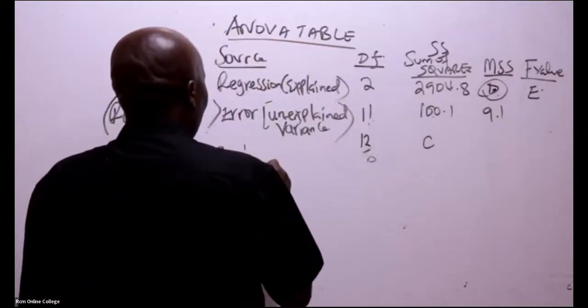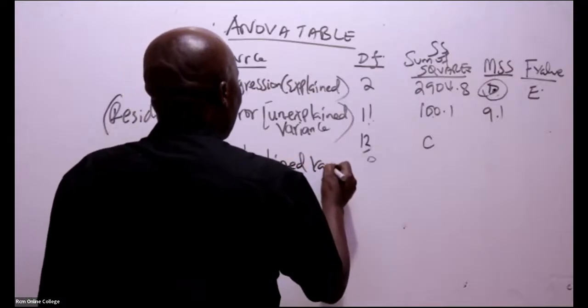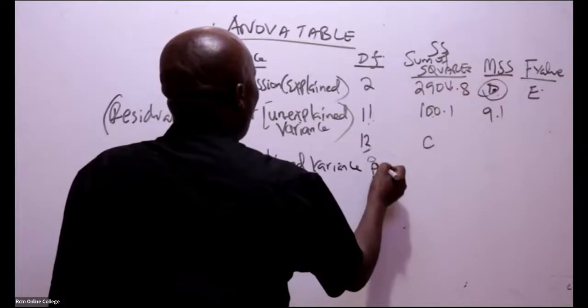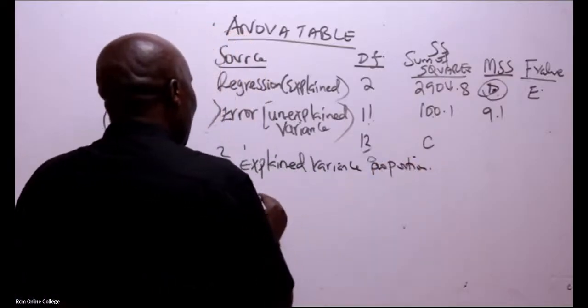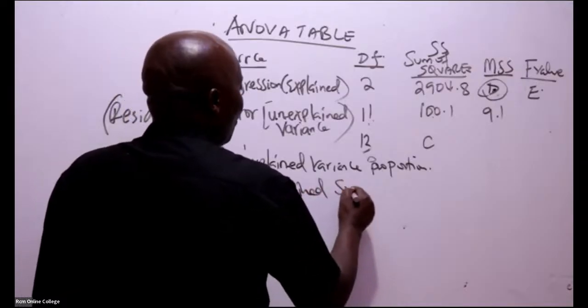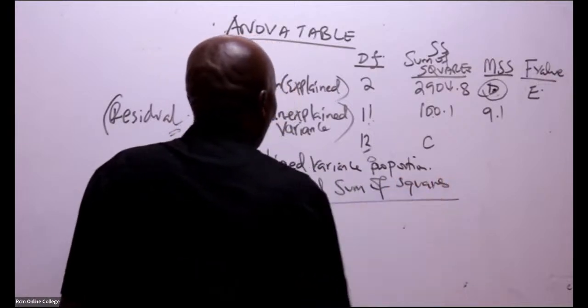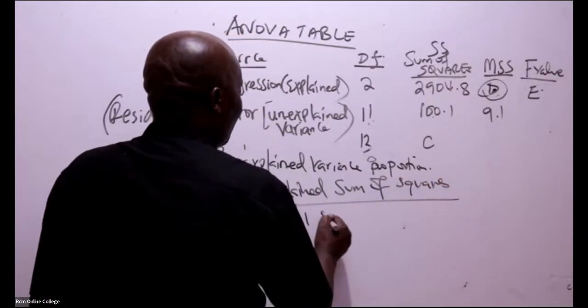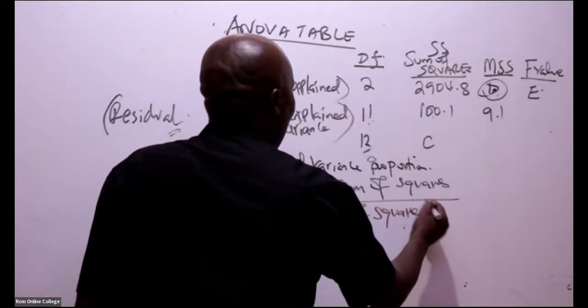R squared is the explained variance proportion. And how do we get this? R squared is the explained sum of squares over the total sum of squares.